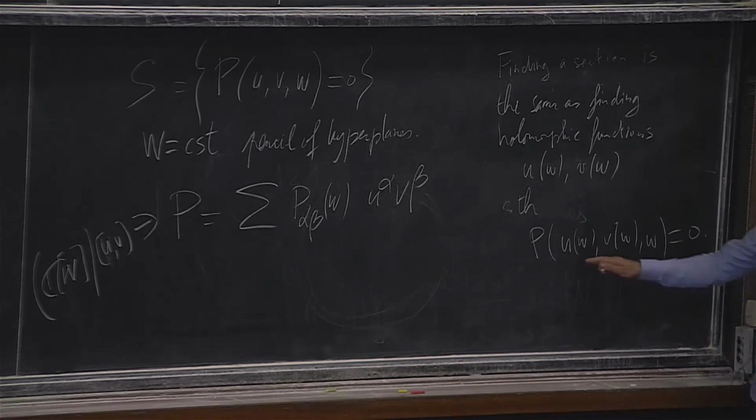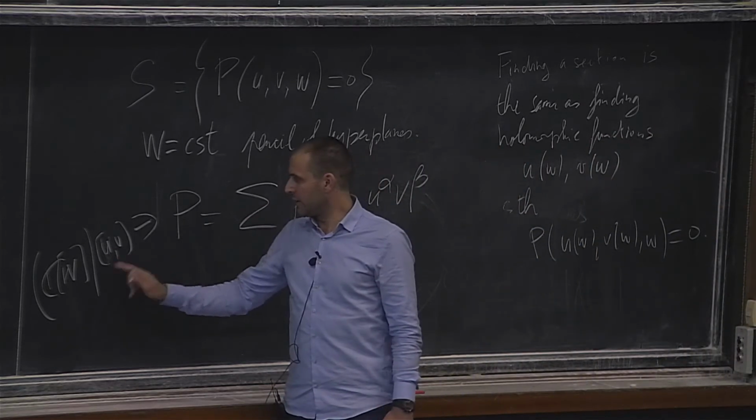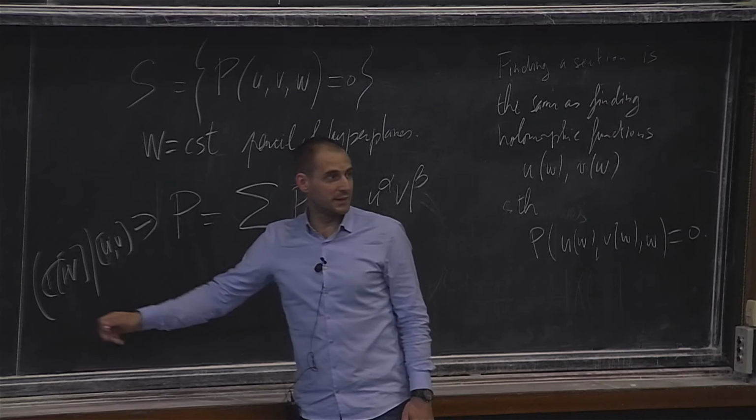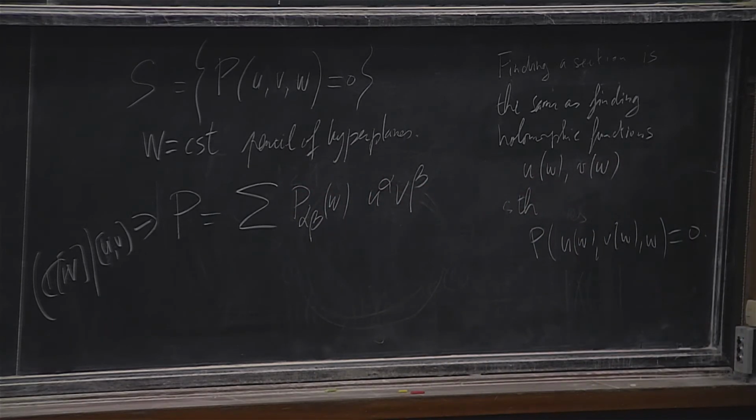And so this is exactly the same thing as, for this polynomial considered as a polynomial in U, V but with coefficients in C of W, finding a rational point, right?